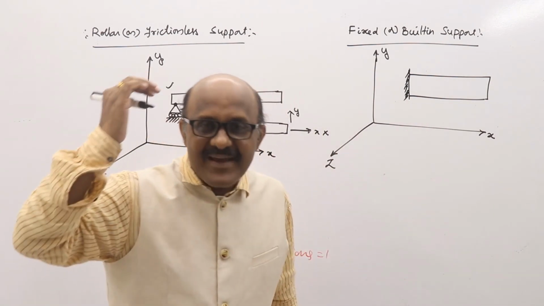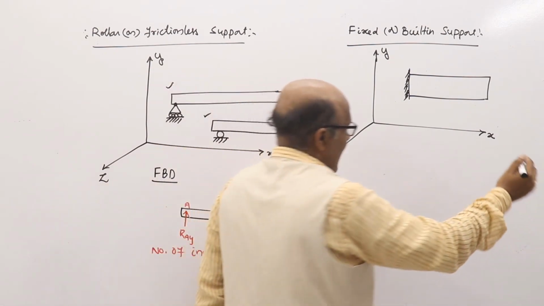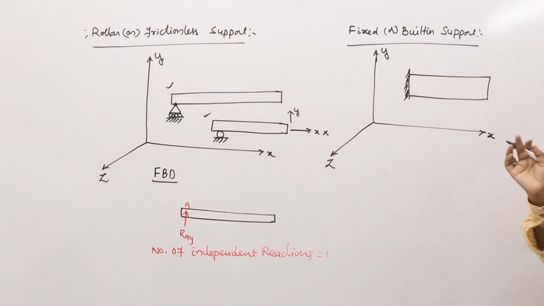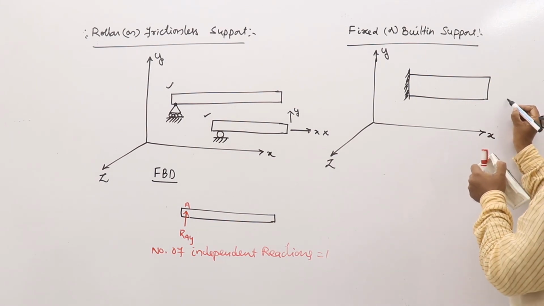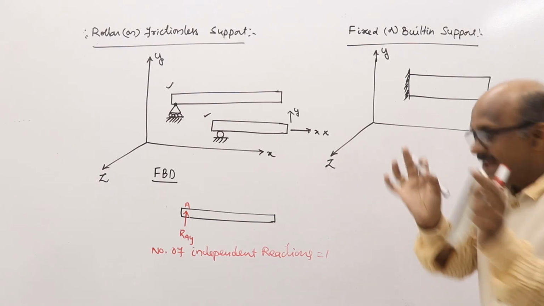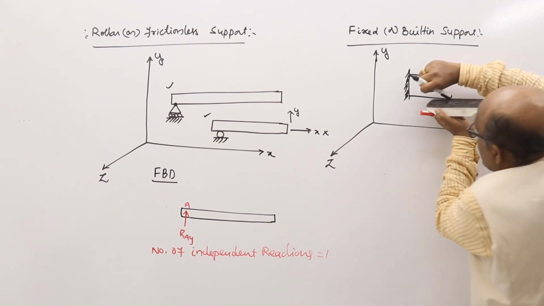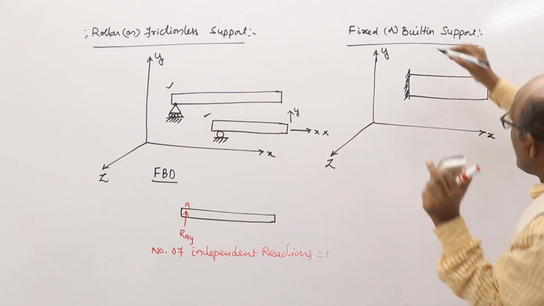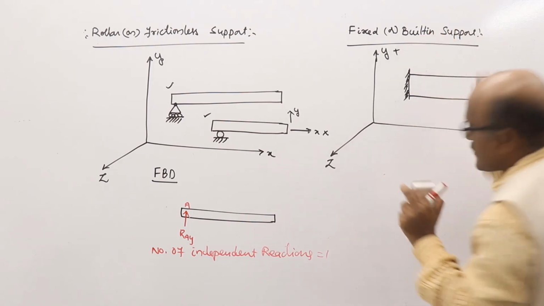Now, all of you see. We are pulling in this direction. Does it move? No. So motion is prevented in the x direction. Now we can pull in this direction. Does it move in the y direction? No. Motion is prevented in the y direction.